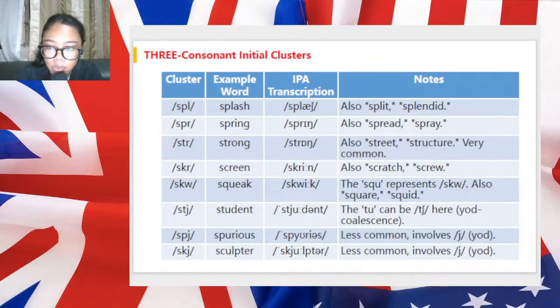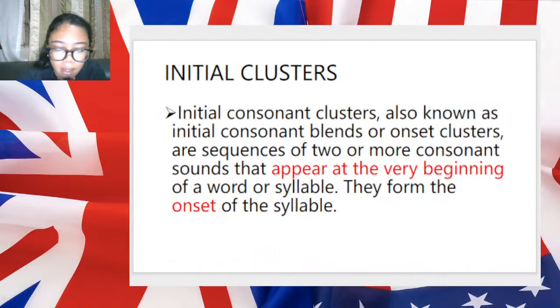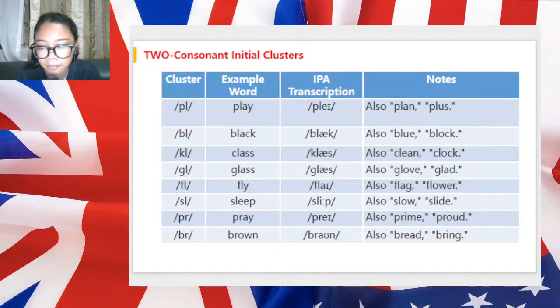Let's try to review again all the consonant initial clusters that we have discussed so far. These are all the initial consonant clusters, either two consonant initial clusters or the longer, three consonant initial clusters. So you've seen the patterns, you've heard me demonstrate them, and now it's your turn to put this into practice.